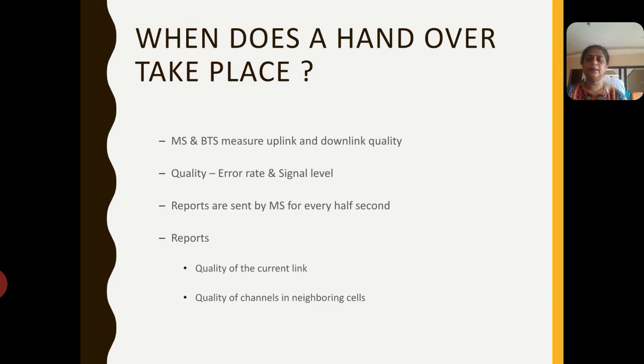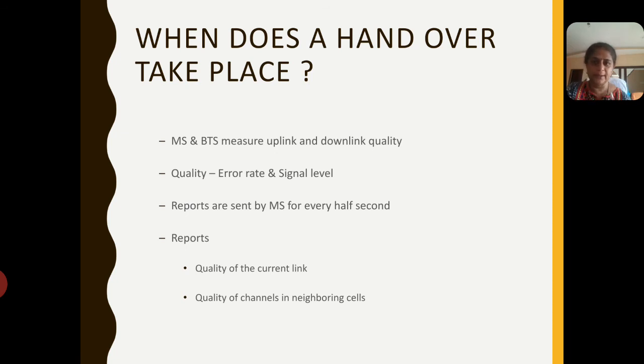And now let us come to the question of when a handover actually takes place. We say that when a mobile station loses its connection with the existing cell, we perform a handover. How do we know that it has lost its connection with the existing BTS? The mobile station and BTS constantly measure the uplink and the downlink quality.